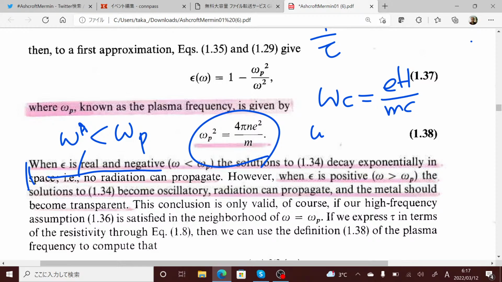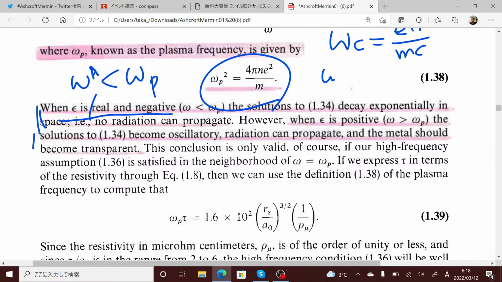the frequency of the electromagnetic wave is larger than the plasma frequency. The solution to 1.34 becomes oscillatory. Radiation can propagate and the metal should become transparent.